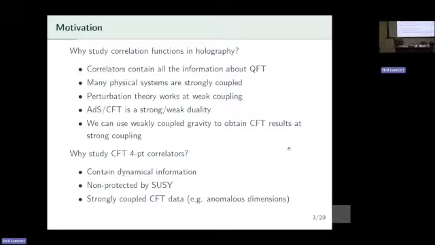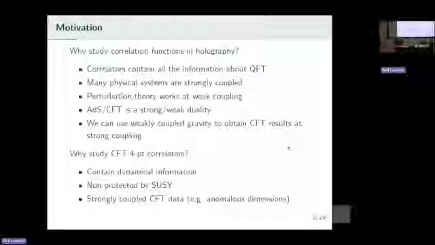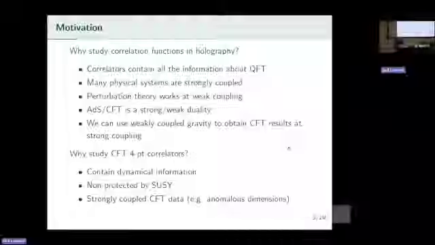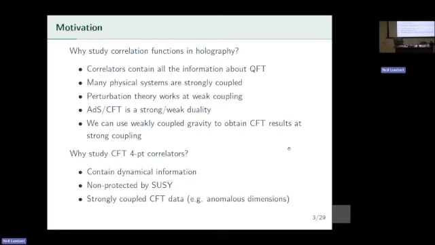The 4-point correlators are particularly interesting because they're the first type of correlators in any conformal field theory which are not fully fixed by the conformal symmetry of the theory, so they're dynamical objects. At the same time, they also depend on the coupling constant of the theory, so they're not protected by non-renormalization theorems, which come from supersymmetry.